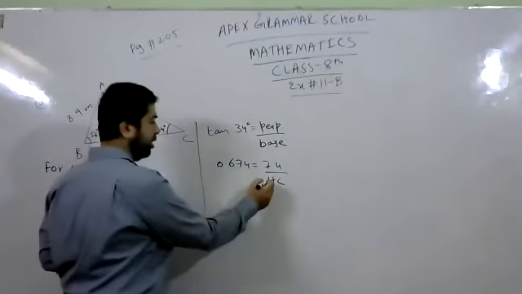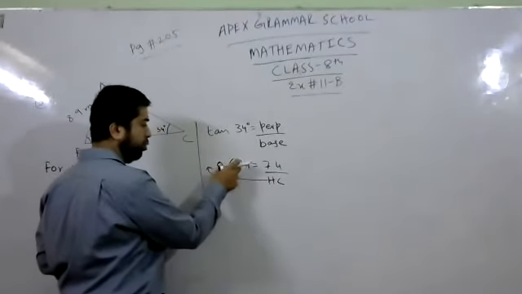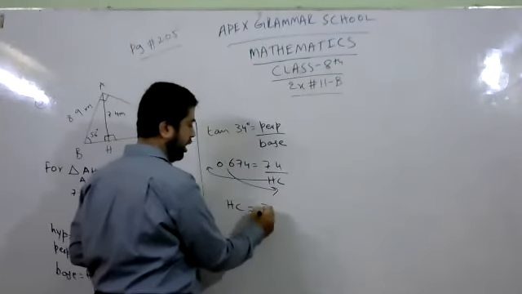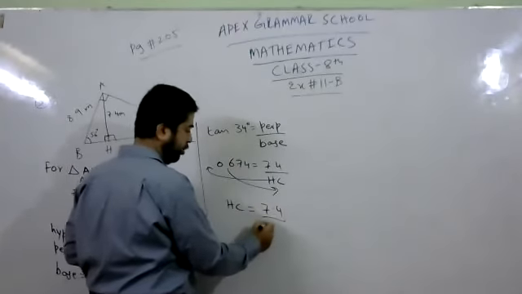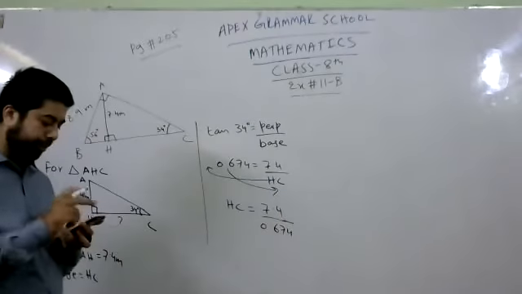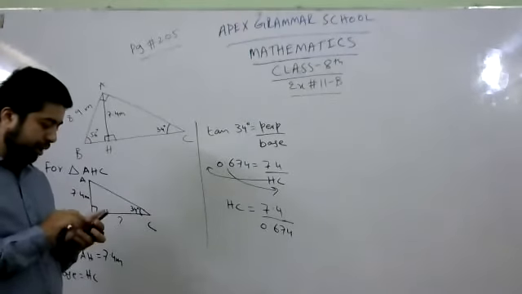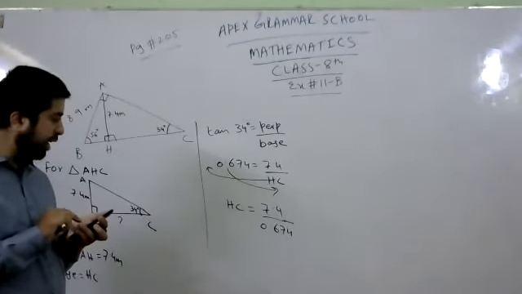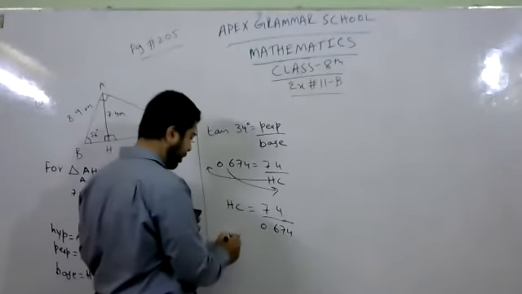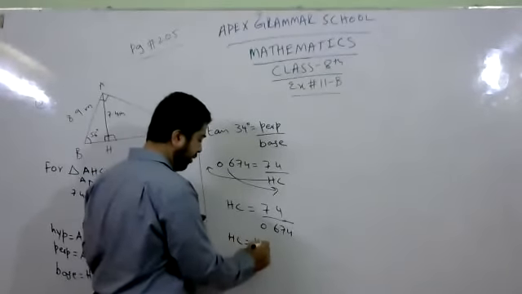So HC will multiply and 0.67 will divide here. So HC is equal to 7.4 divided by 0.67. Now divide them. 7.4 divided by 0.674, that is 10.9, or you can say that 11 meters.